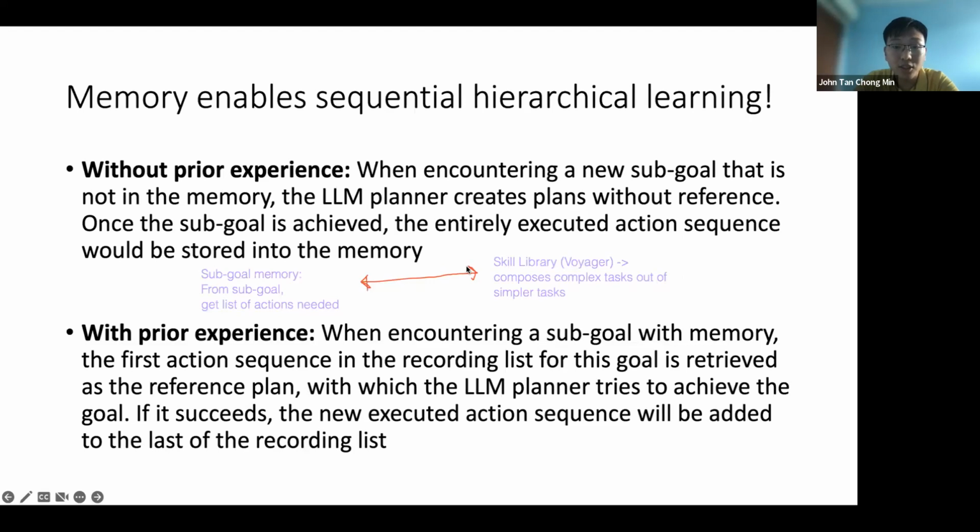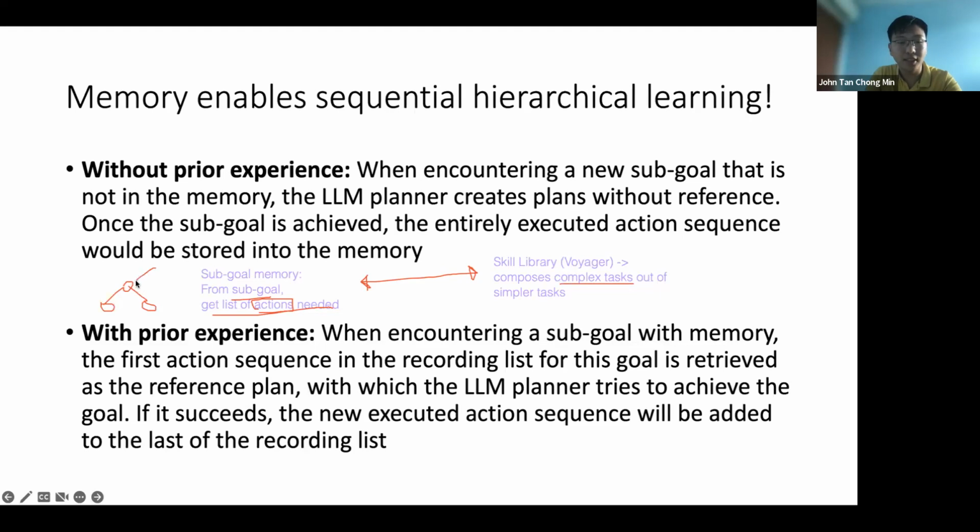There's a link here, because right now the subgoal is your simpler task. You get a list of actions needed, and maybe one action here is a simple task, and then from a subgoal you get the list of actions needed. This is like a complex task. And then imagine if this subgoal goes up to the higher level goal. So we already solved this subgoal.